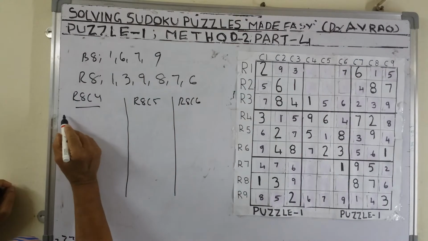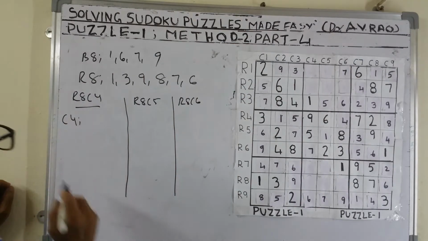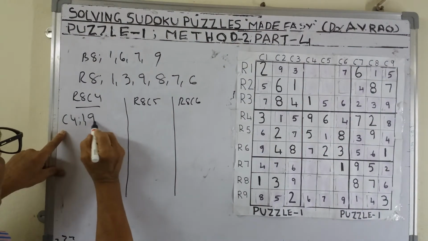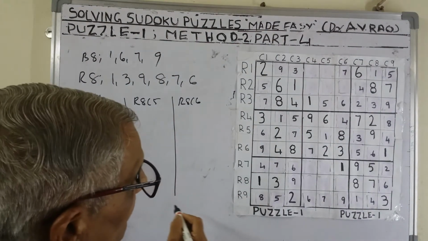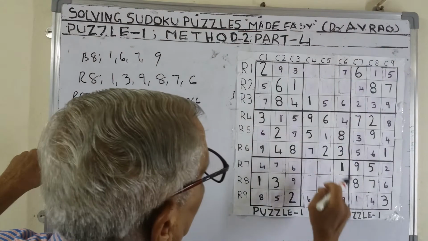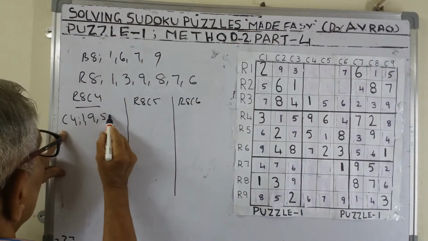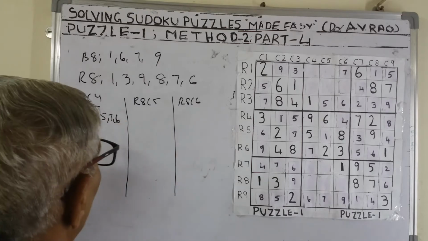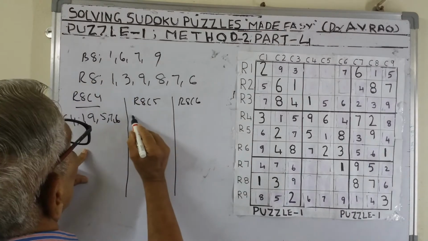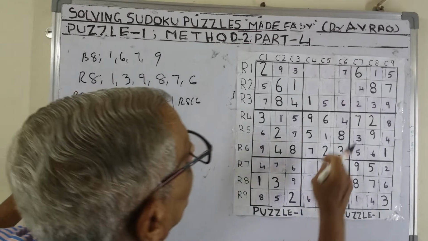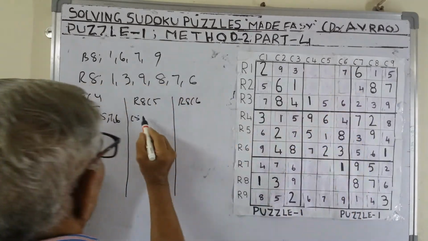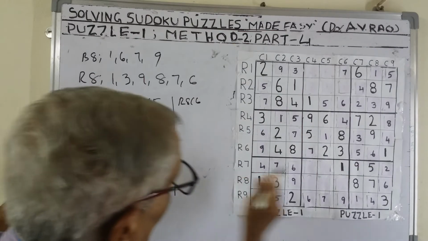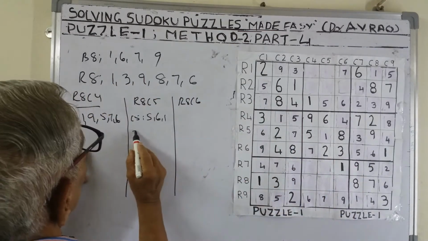So let us write what is appearing in column C4: 1, 9, 5, 7 and 6. These are appearing in column C4. What are the numbers appearing in C5? 5, 6, 1, 2 and 7.